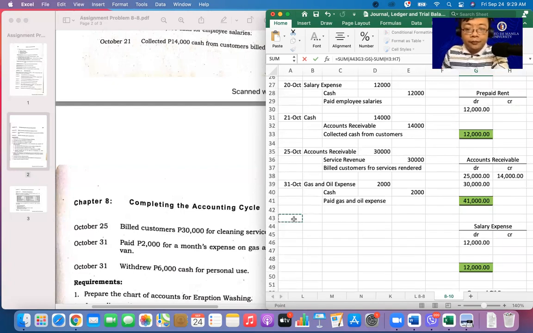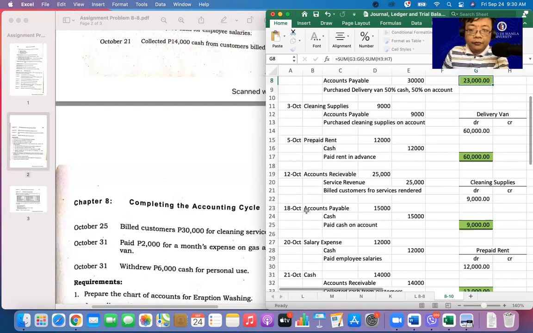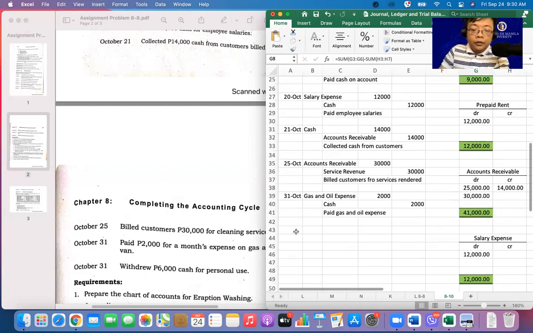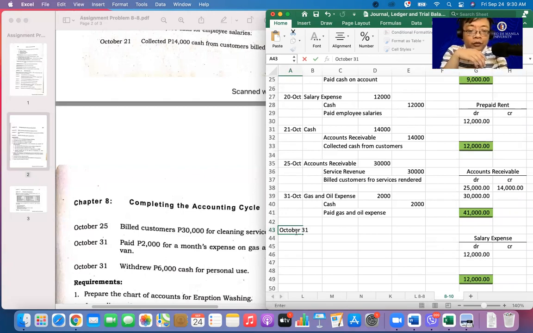Next naman, sorry. We also have here October 31, withdrew cash 6,000 for personal use. If you withdraw cash for personal use, of course, it is drawing. It is worth 6,000. And also here you have your cash.